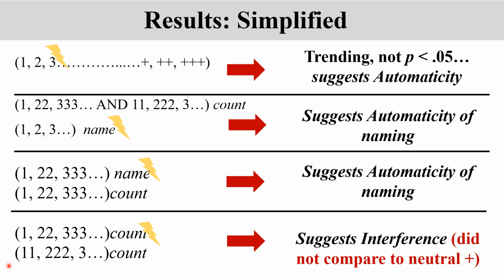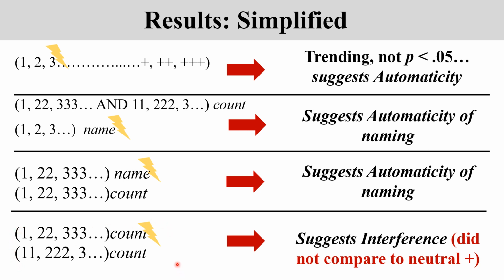And the fourth one suggested that there is an interference in the incongruent condition, when there are 2 1s, 3 2s, etc. It makes people much slower when counting the incongruent digits versus counting the congruent digits.